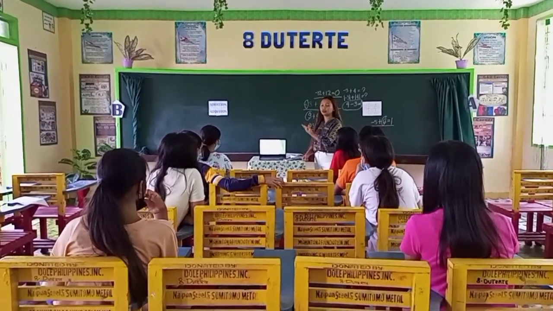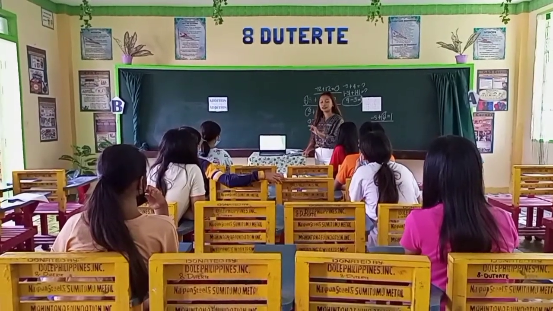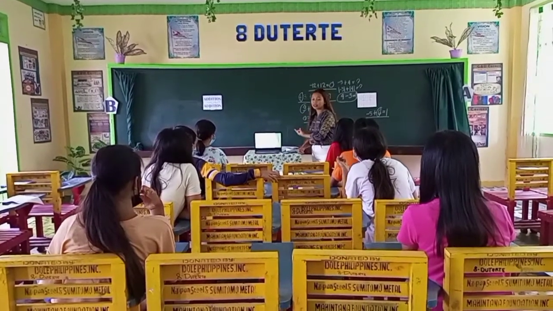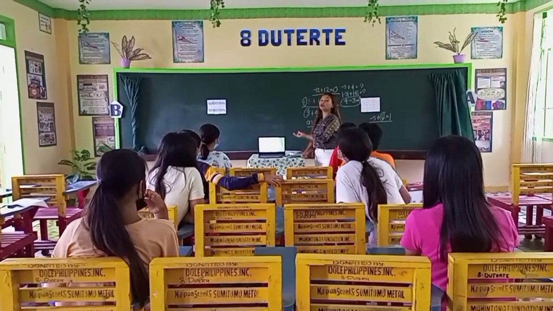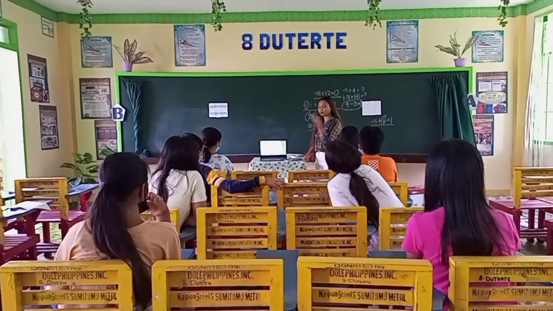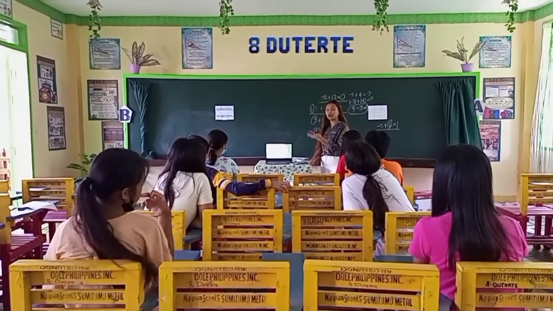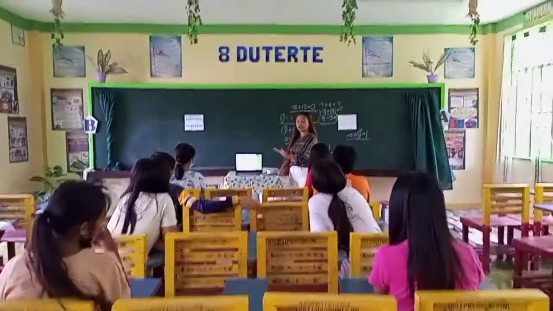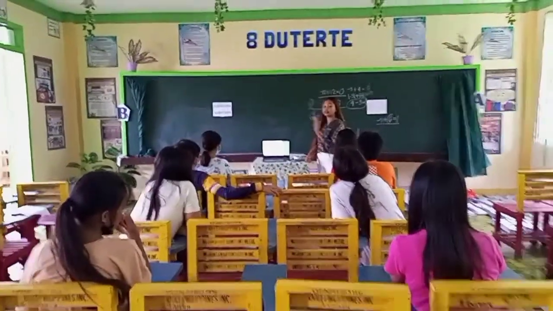And for the third rule, kapag in-add natin yung positive and negative na number, kung ano yung may pinakamataas na absolute value, yun yung magiging sign ng result. And then, for the fourth rule, kapag in-add natin yung number sa kanyang opposite sign, ang sagot ay 0.